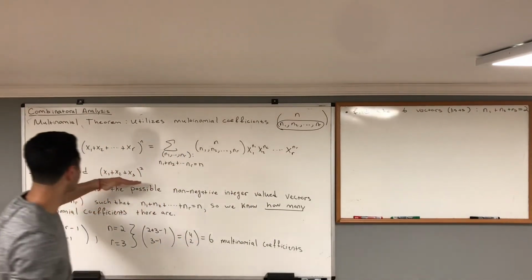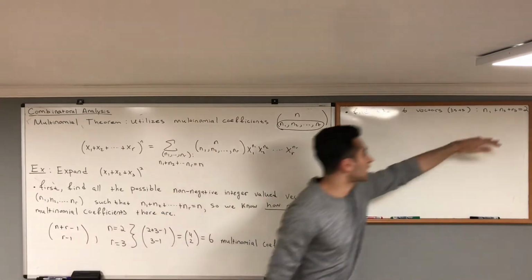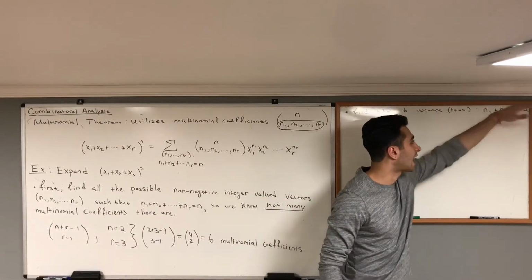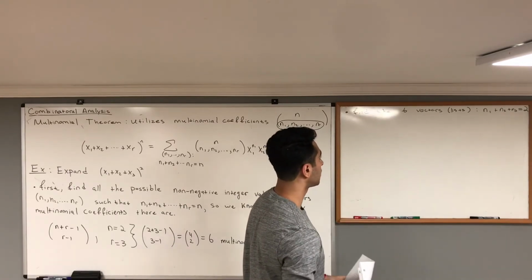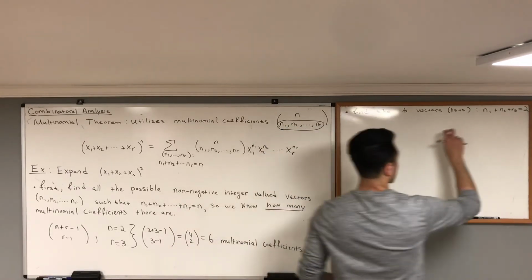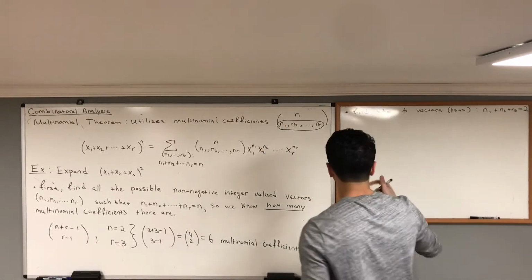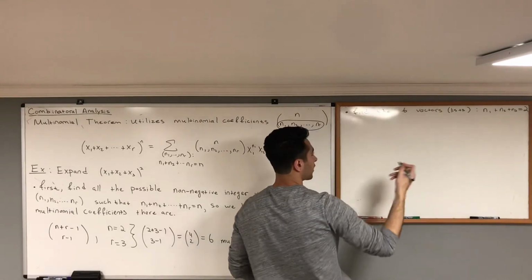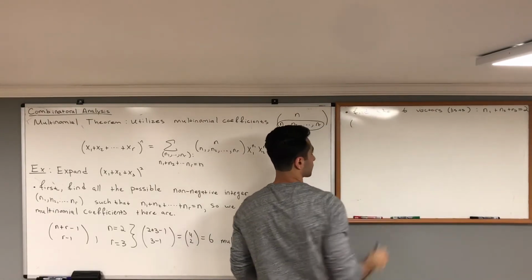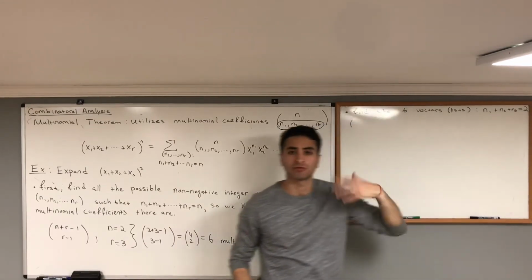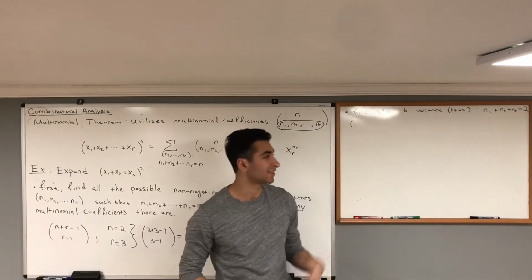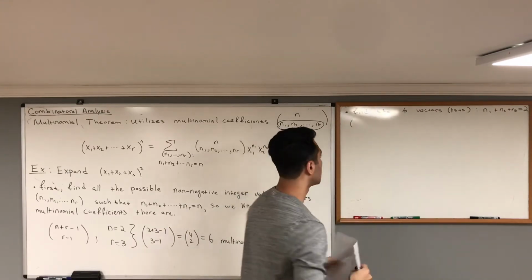So in this case, we have 3 groups, so you'll always have 3 here. And those 3 have to add up to 2. Okay, so we know we have to have 6. So let's try to find our first one. And remember, each N1, N2, and N3 could be greater or equal to 0, and they have to be integers.